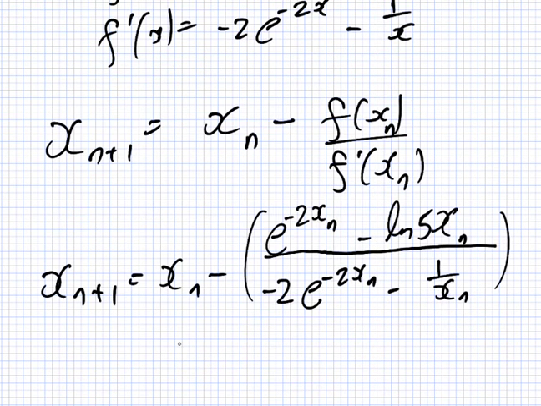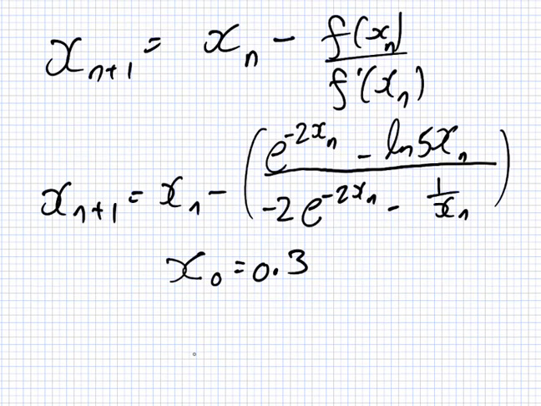And in fact you're told to start with x_0 = 0.3. May I have your calculator? Thank you. So if I put in 0.3, let's see what I get for x_1.